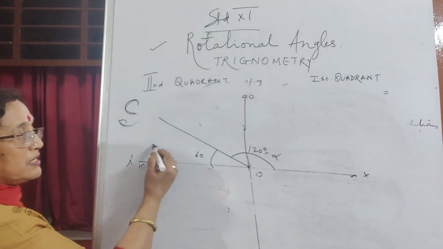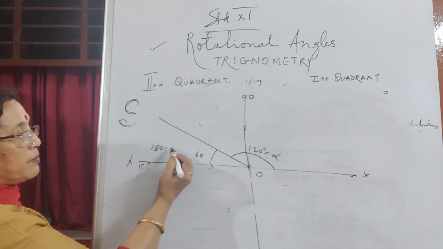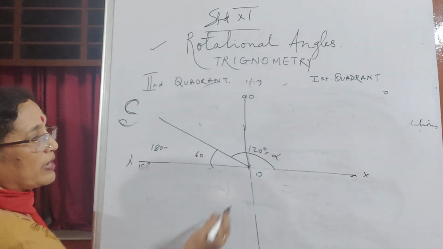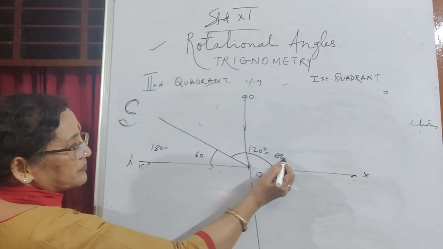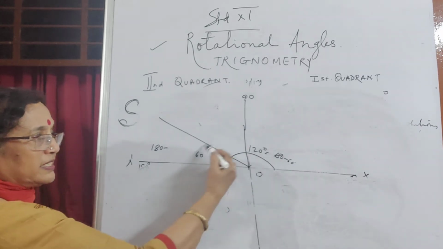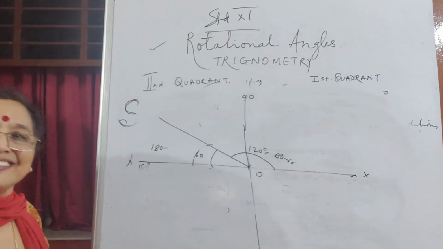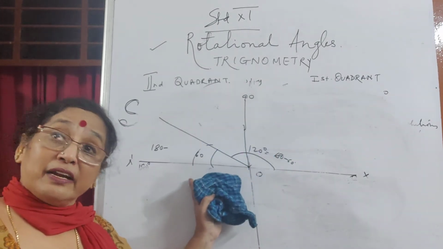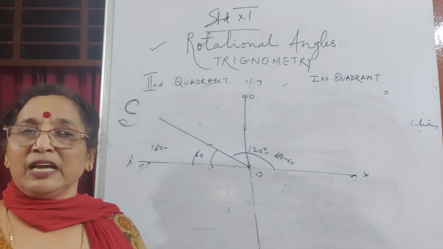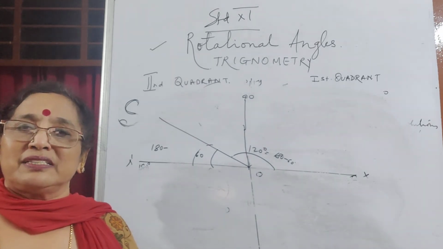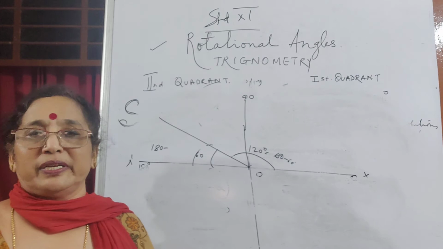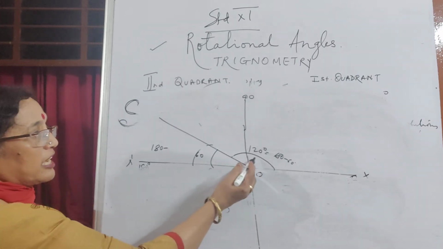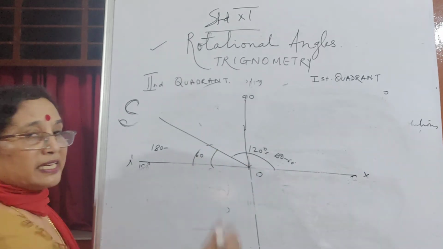That means this 120 is 180 minus 60. Going in reverse order, 180 reversed by 60 clockwise. So 180 minus 60, we stand at the same 120 because I reversed. That is why 120 can be written as 180 minus 60.